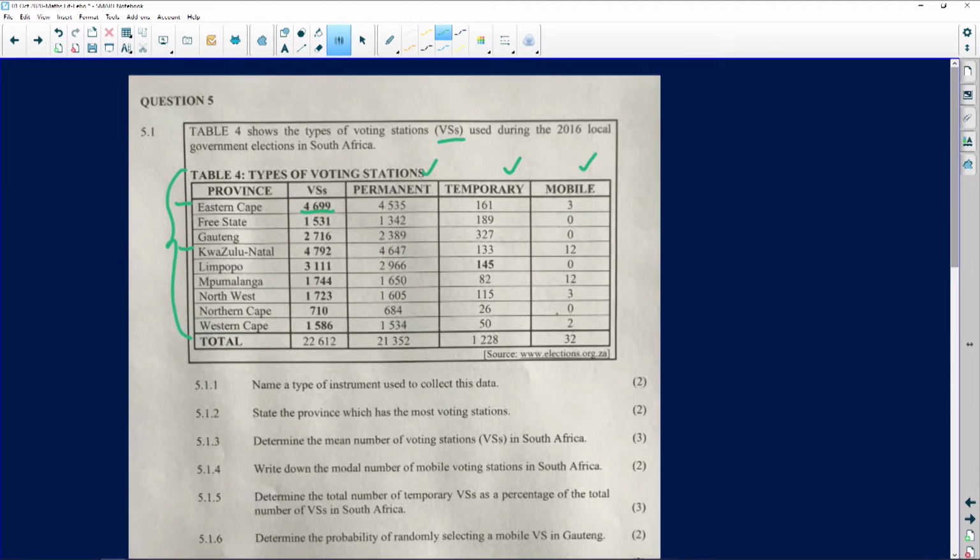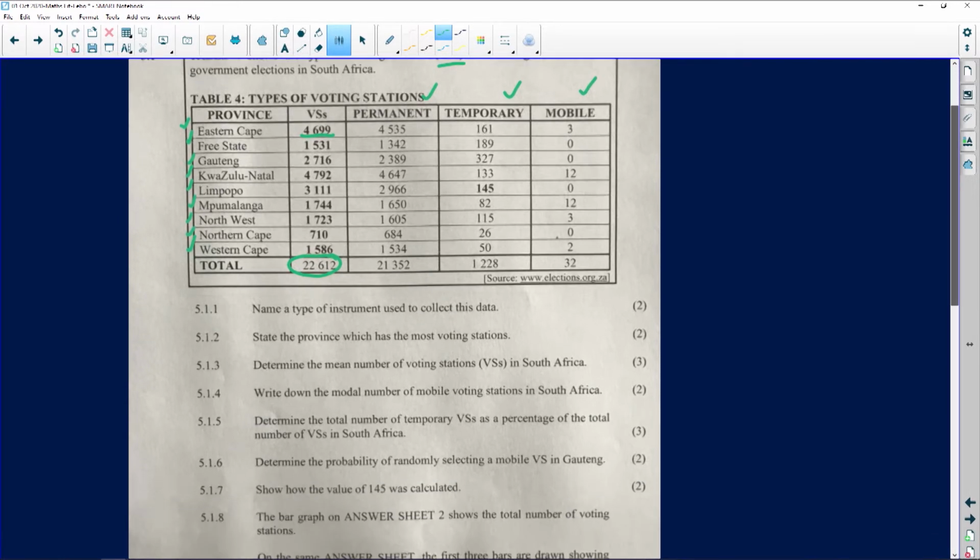So the total number is going to be 22,612, and then I'm going to divide it by the number of provinces that I do have. So let me just remove this over here so that I'm not confused. So I've got 1, 2, 3, 4, 5, 6, 7, 8, 9. So I'm going to divide that number by 9 and it's going to give me the mean.